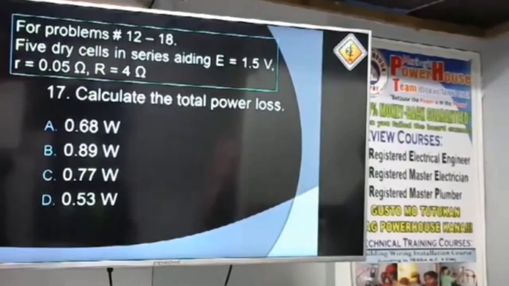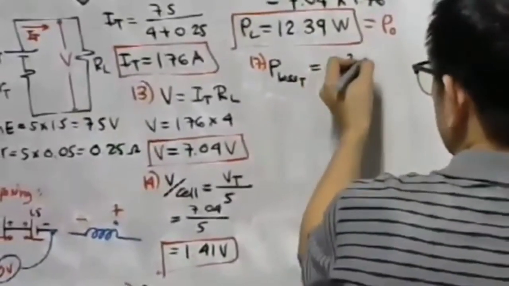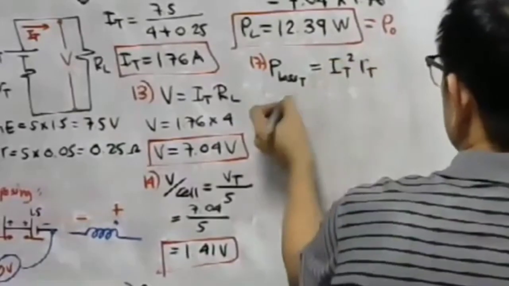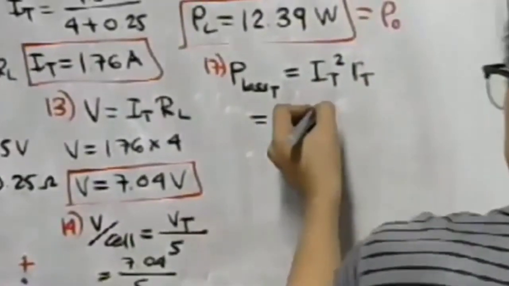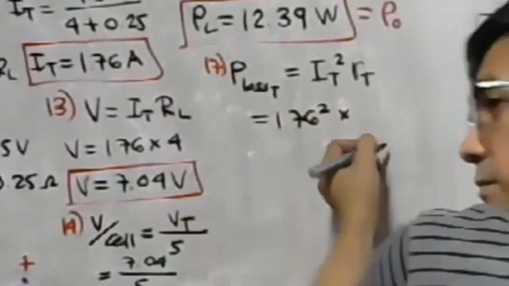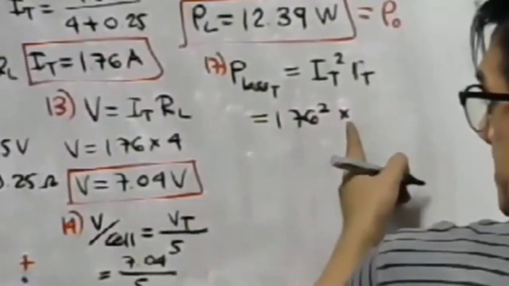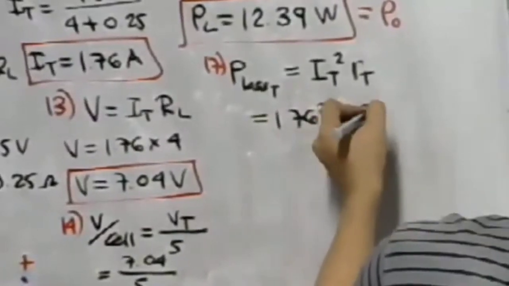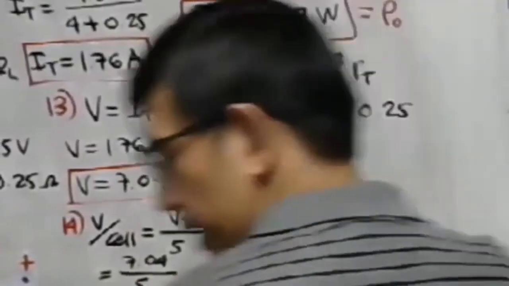The total power loss is simply equal to I total squared multiplied by R total. We have 1.76 squared multiplied by R total, which is what? What is that? R total, 0.25. Okay, so what will be the value?